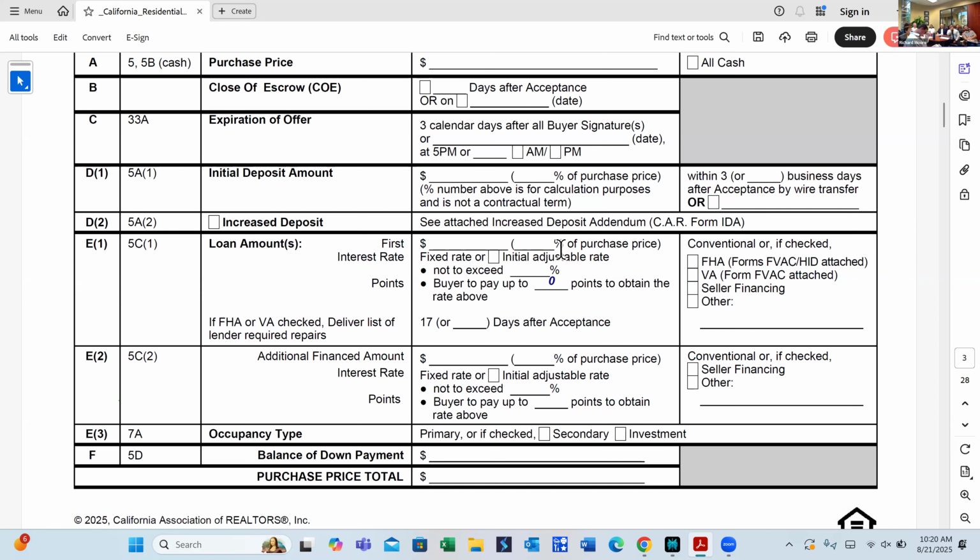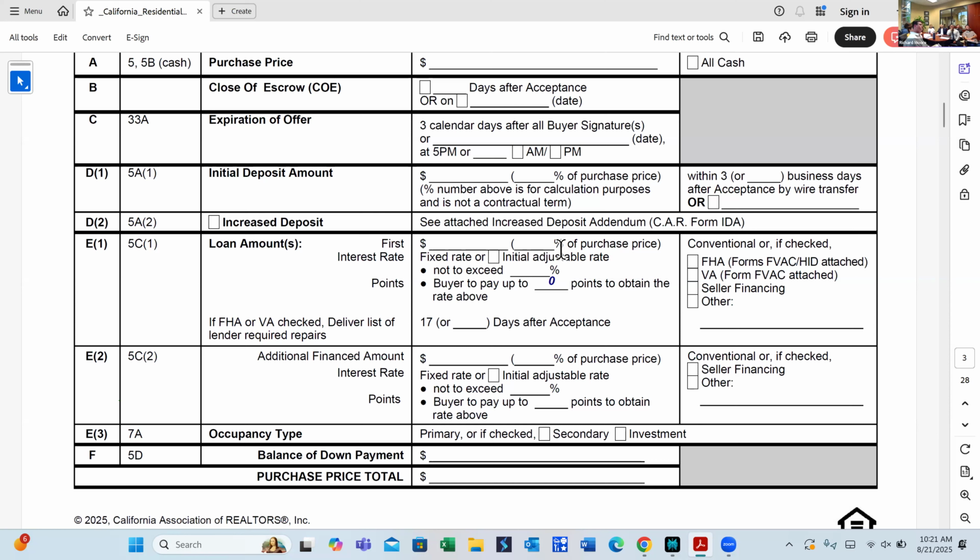The purchase is going to be a 20% down, 80% loan to value. In the event our purchase price increases to $2 million, the contract stipulates that the loan amount and the down payment will adjust based upon the percentage.